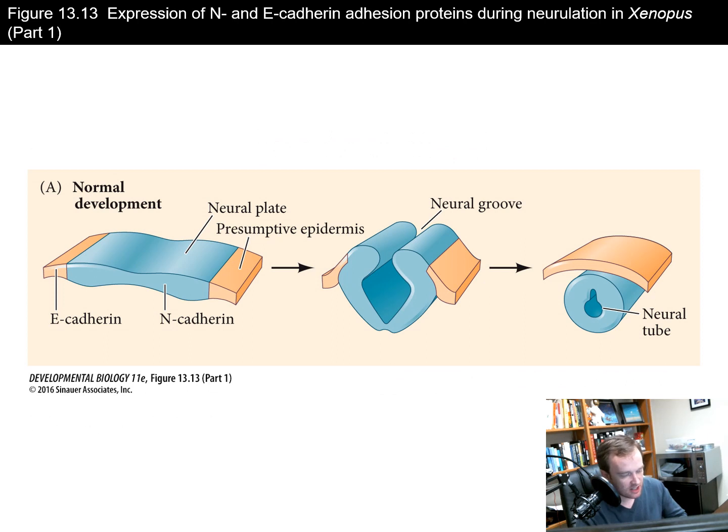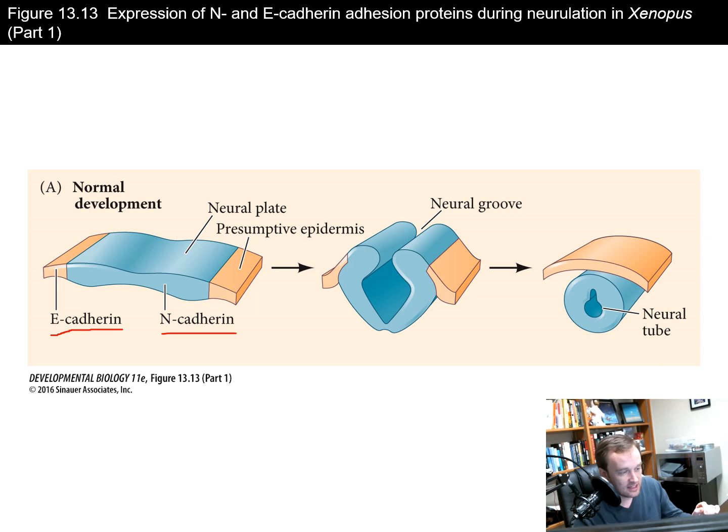So another aspect of this neural tube development is understanding how the neural tube separates itself from the surface ectoderm. And so when we talk about cell adhesion, like we talked about previously, this is based on those cadherin molecules. So we have 2 types in this case, N and E cadherin. And so the epidermis expresses E cadherin, and then the neural plate expresses N cadherin.